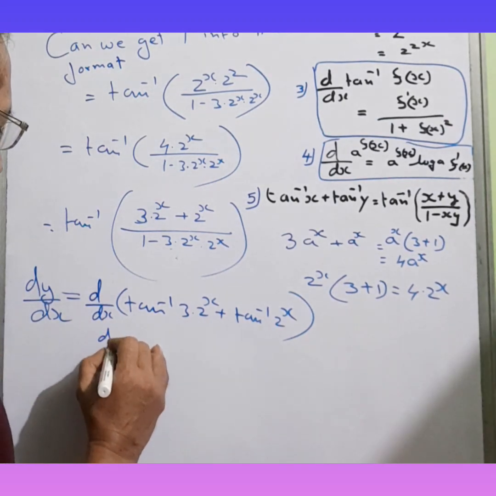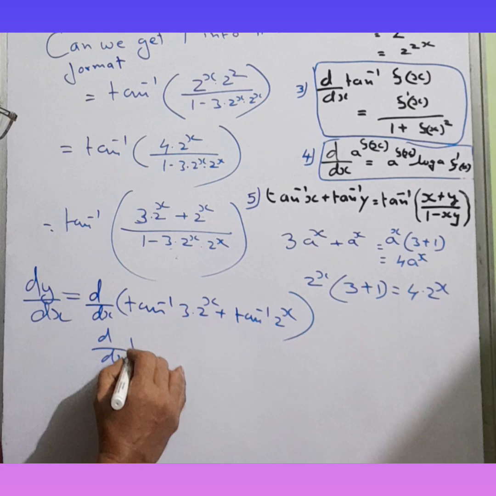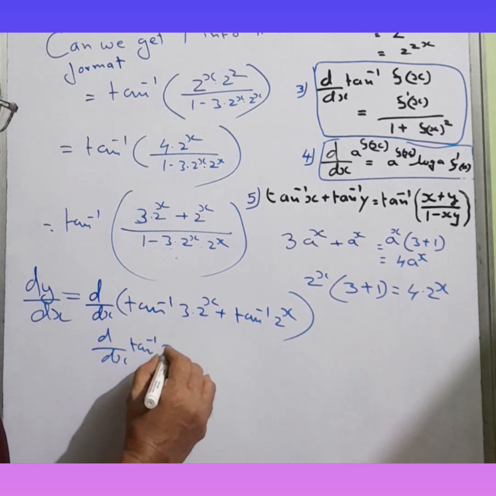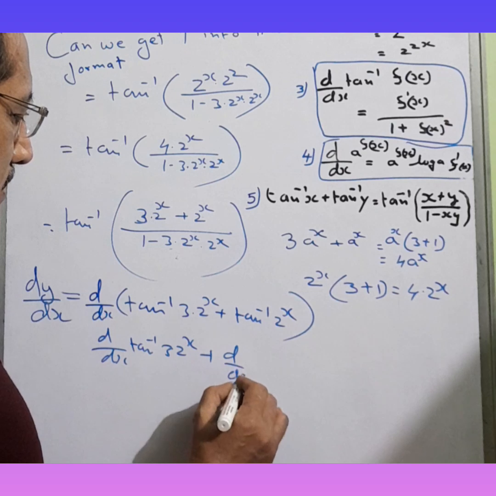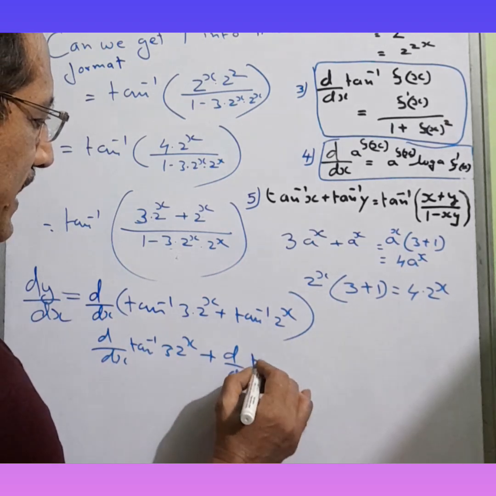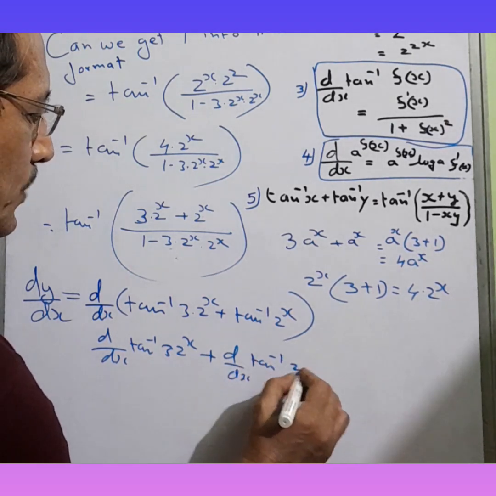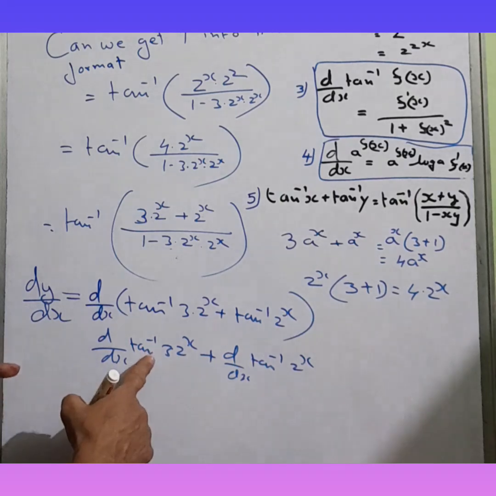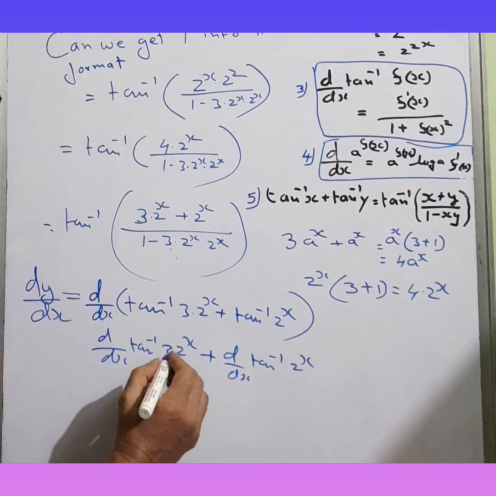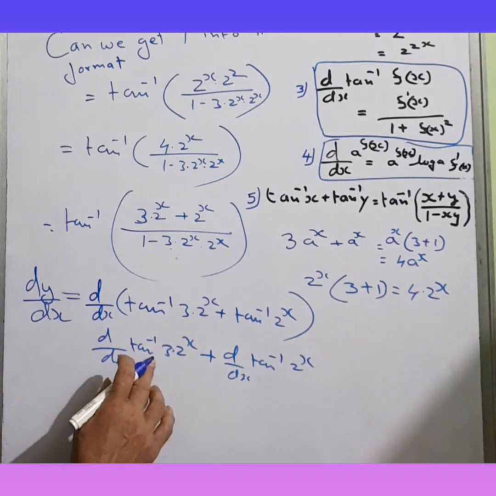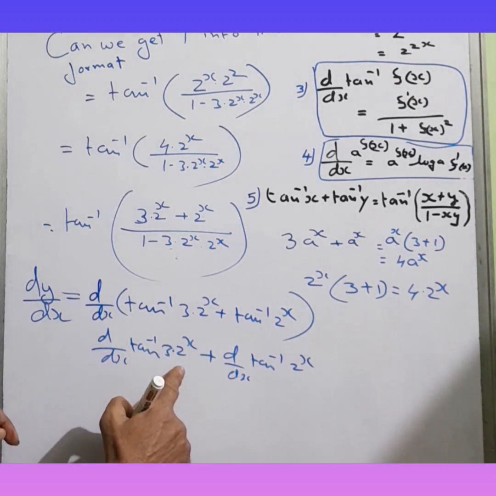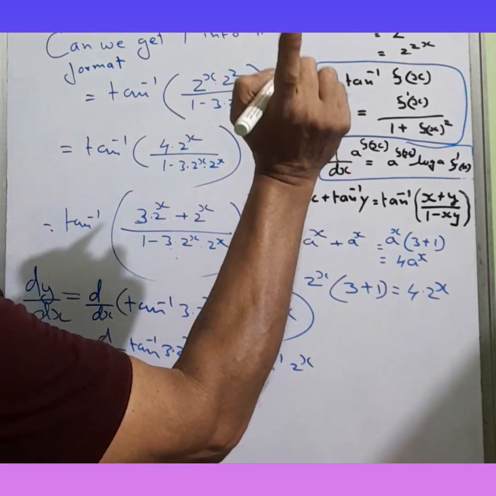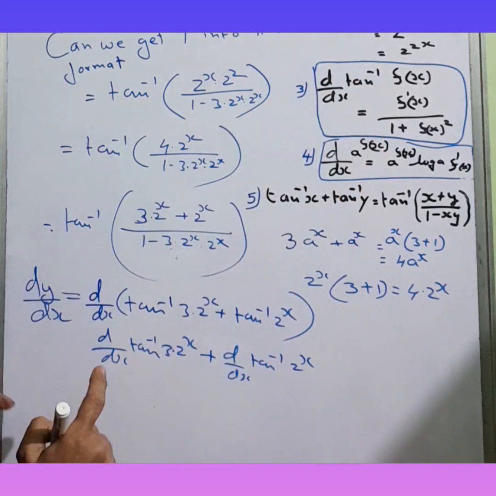So it would be d by dx of tan inverse 3 into 2 raised to x plus d by dx of tan inverse 2 raised to x. Right? So now we have to apply the formula for tan inverse f(x).